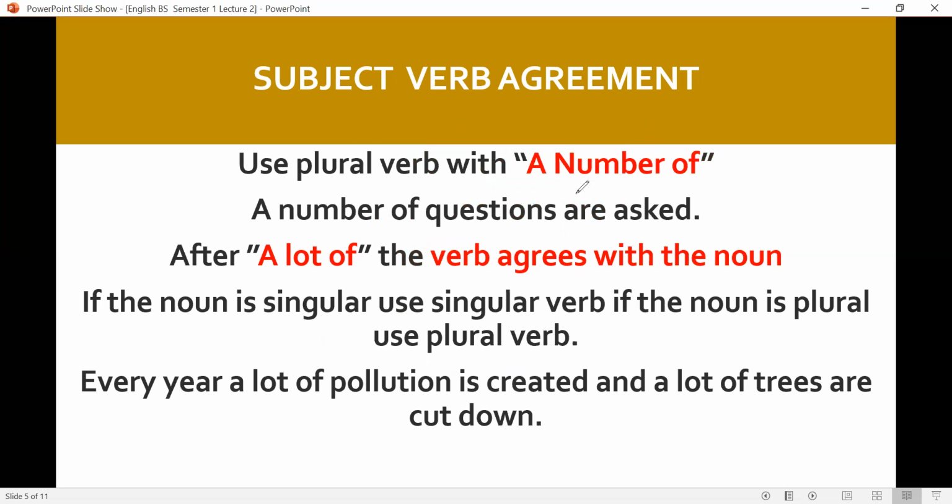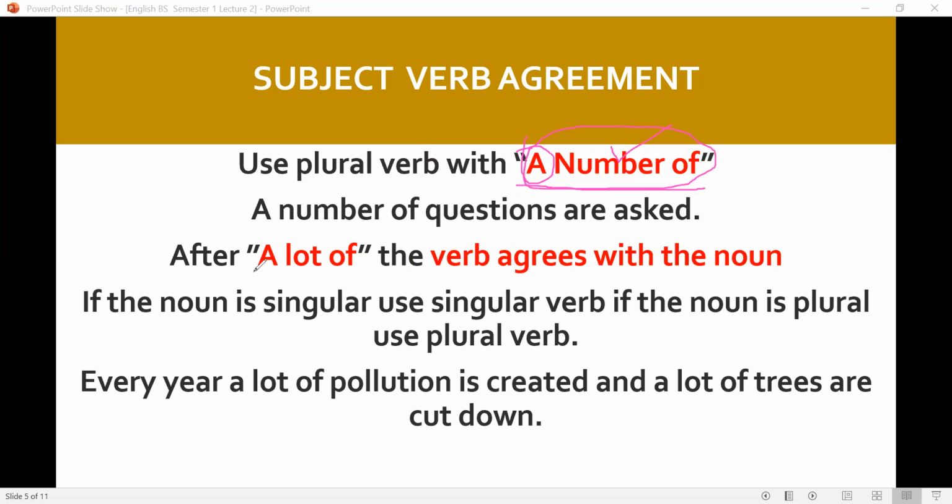Use a plural verb with a number of. This a is telling you that it may be singular, but a number of is plural. This whole phrase is a subject. A number of questions are asked, or a number of questions have been asked.